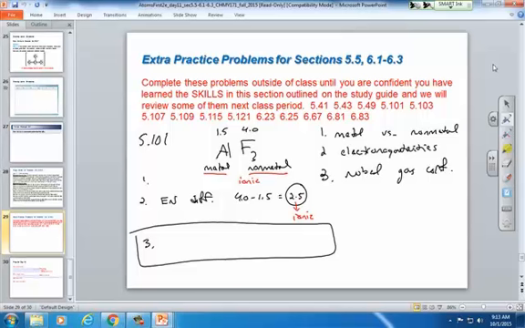So if these elements can make a noble gas configuration by not sharing, then almost every time they will not be sharing. There are very few exceptions to that. If the only way they can make a noble gas configuration for each element is by sharing, then they will almost always be sharing. So that's what we have to analyze. If we look at the aluminum, as a neutral atom, it would have 3 valence electrons.